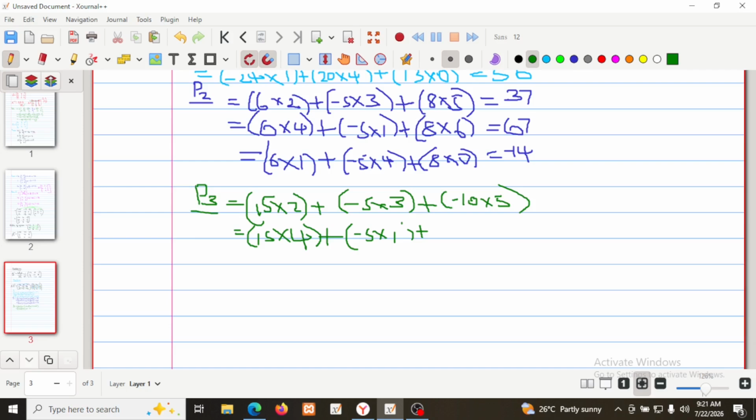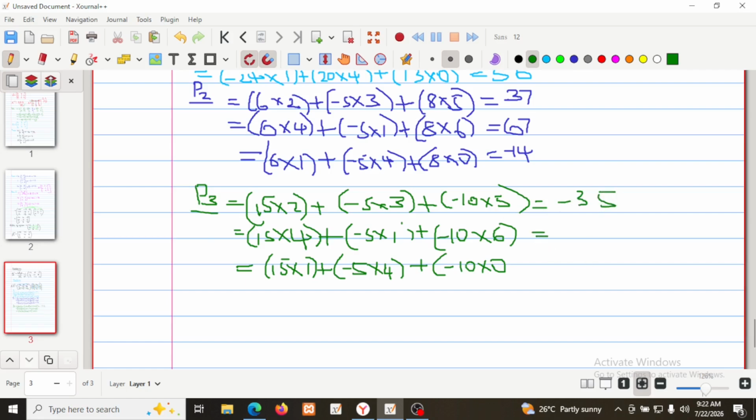Yes, negative 5 times 1, and we have negative 10 times 6. Then last column is 15 times 1 added to negative 5 times 4, then added to negative 10 times 0. So this one you are supposed to get negative 35.